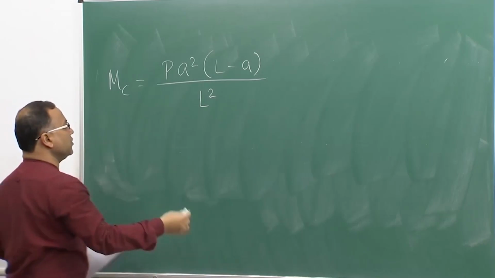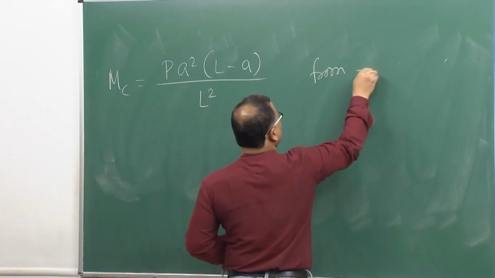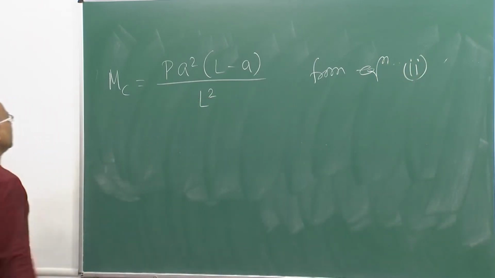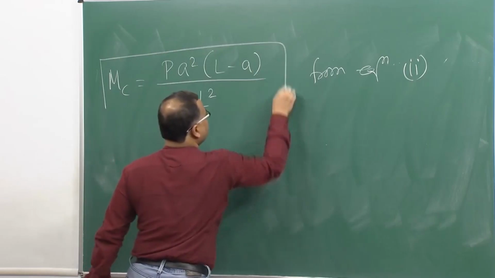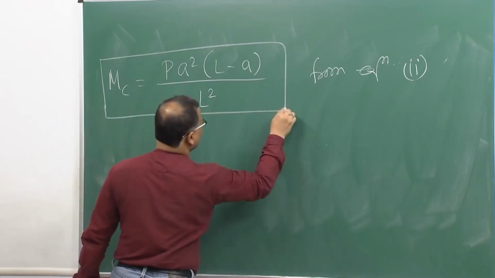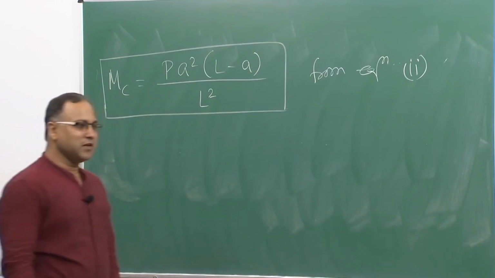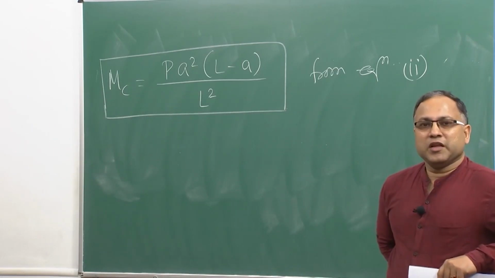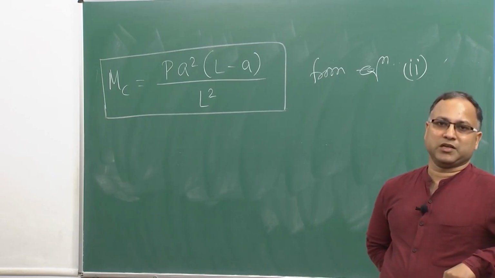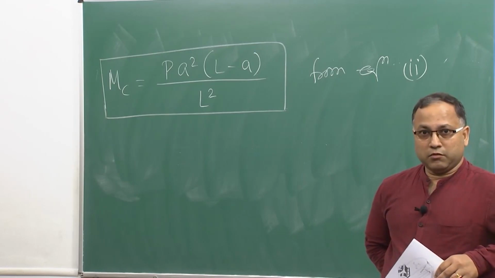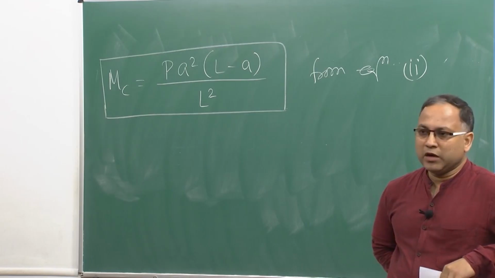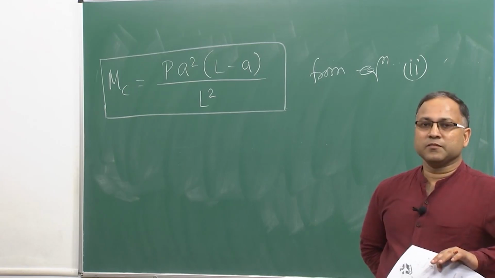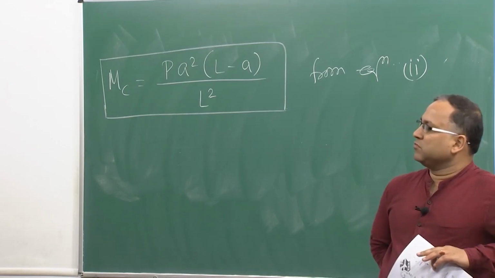That you can check from equation 2, and from equation 1 also, that is a very simple thing. So, this is your MC value. Can you recognize this? You have got this expression earlier also by using method of superposition. So, this is the way you can apply Castigliano's theorem to solve the indeterminate structure. At this moment you can find out the support reactions for indeterminate structure by using method of superposition or Castigliano's theorem.